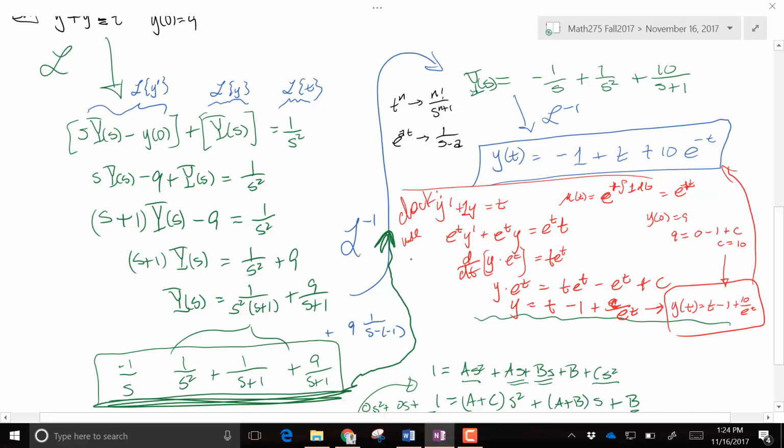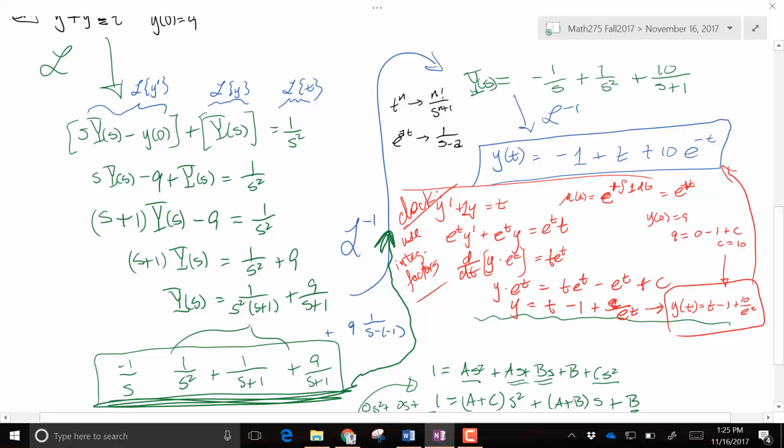In this particular example, we're able to check using integrating factors. Okay. It matches, right? We got the negative 1, the t, and then a 10 e to the, yep. Cool. That's nice.